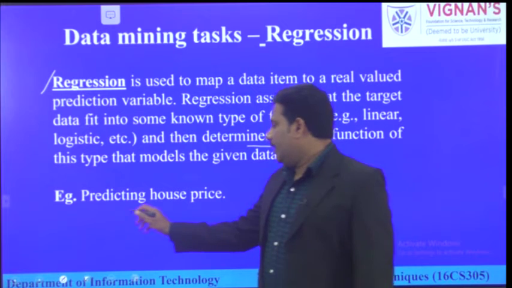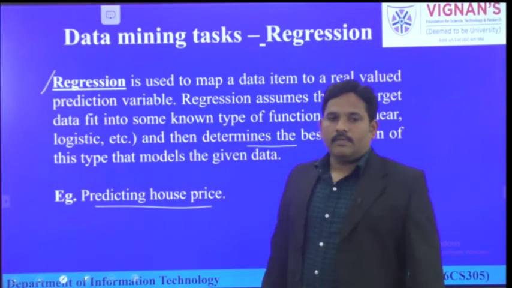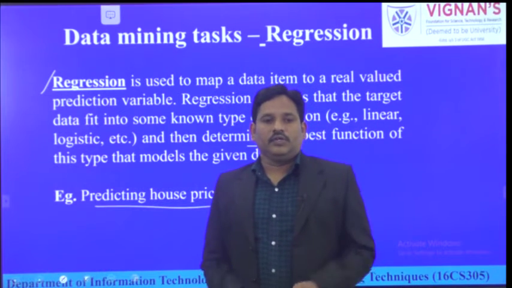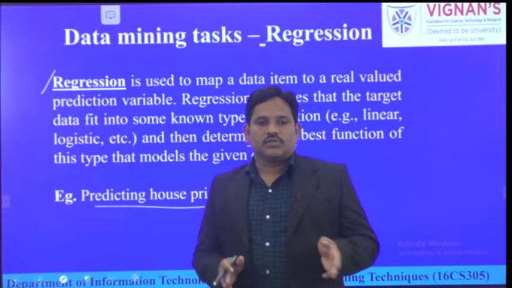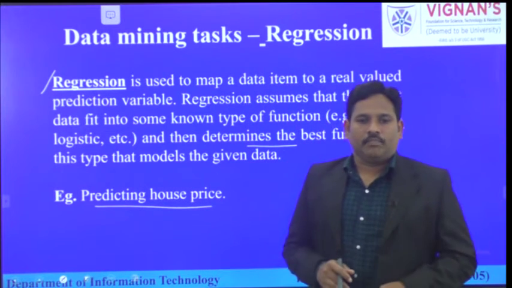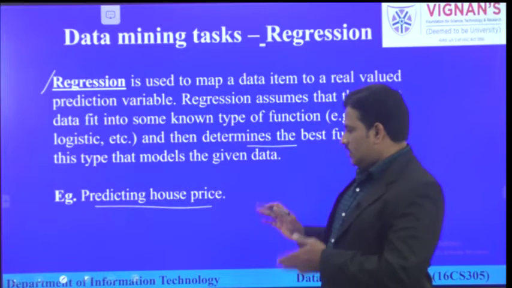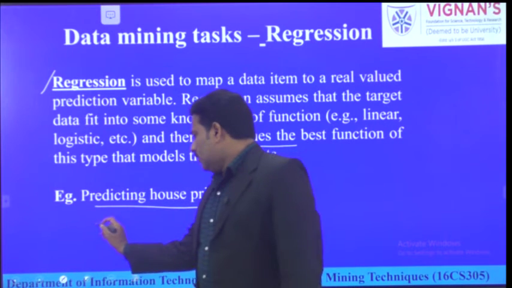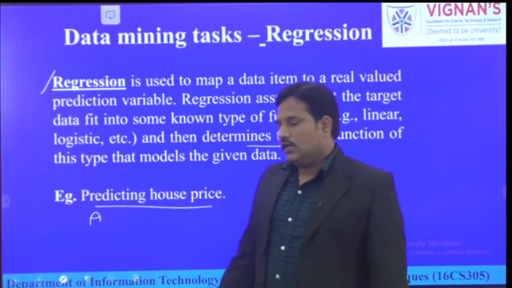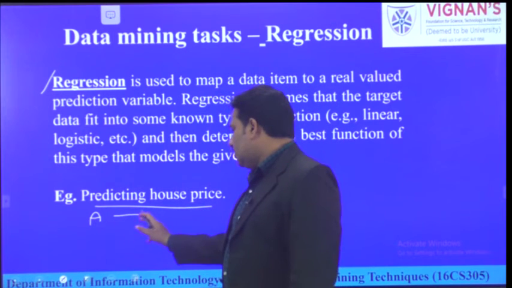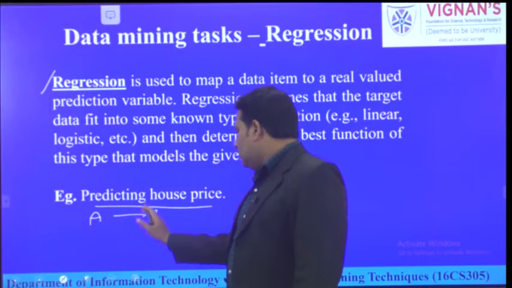Now, let us take, we want to predict the house price. Here we are comparing two different houses. If the two houses are the same, there is no need of the comparison or prediction. Let us take, here the customer A wants to purchase a house. He met a consultant or a real estate broker.